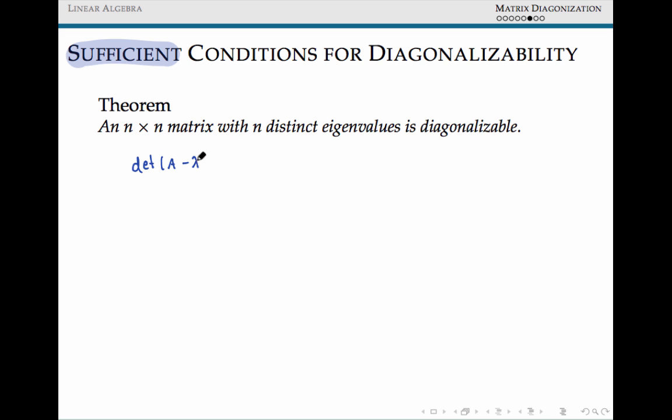determinant of A minus lambda I_n, where this will factor into lambda minus lambda 1, lambda minus lambda 2, up to lambda minus lambda n.